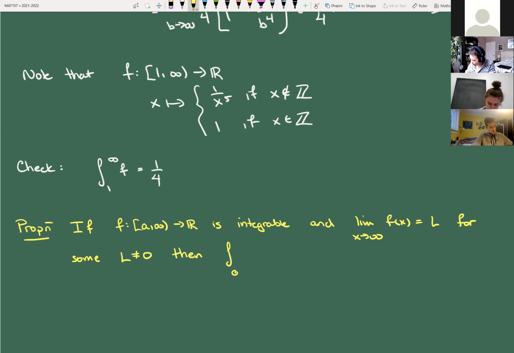Then the integral from a to infinity of f diverges. Okay, this I think will be a good exercise.